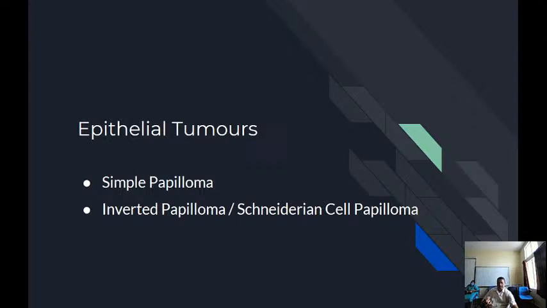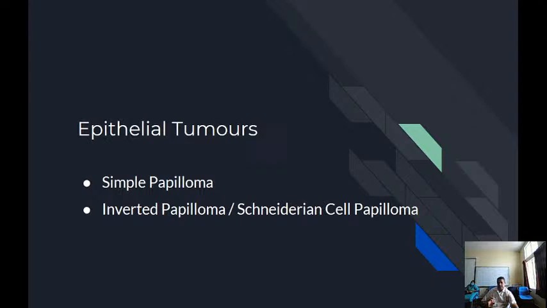So let's try to understand what is simple papilloma, which are usually called maybe warts. They have small peduncle, usually situated anteriorly, and the treatment is you just have to remove these papilloma from the root and then maybe cauterize that small area. So that is the treatment as far as the simple papillomas are concerned, which are usually present in the anterior part of the nasal cavity, which is lined by skin.